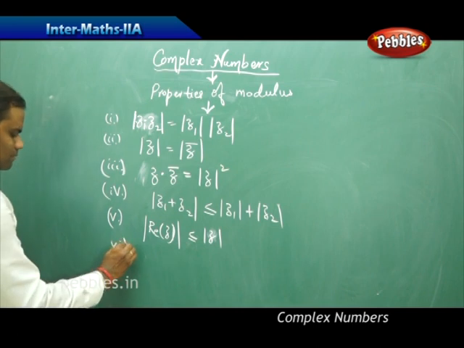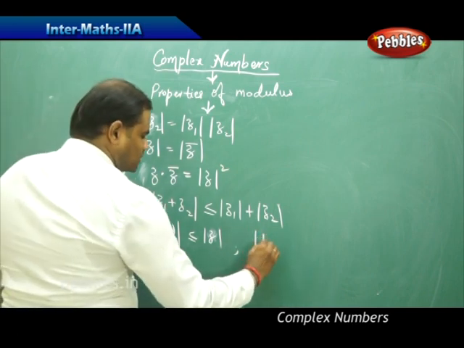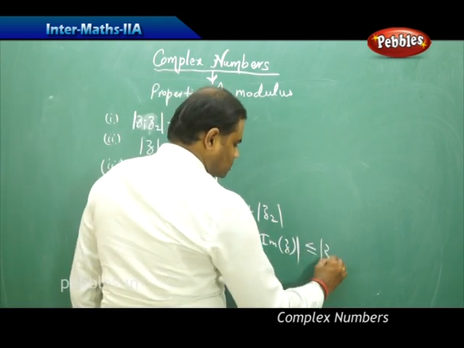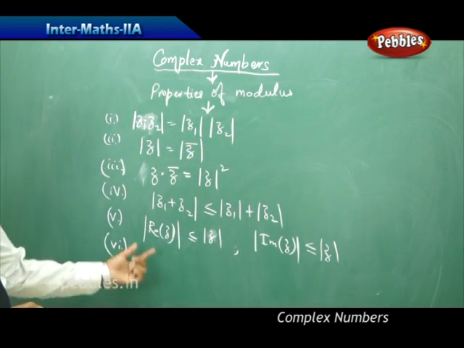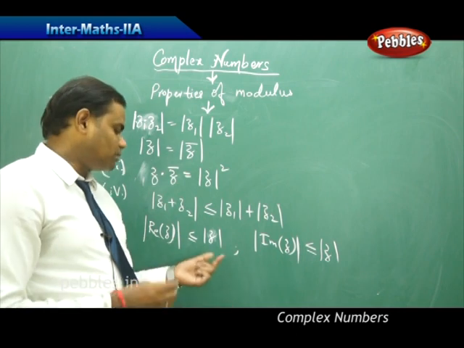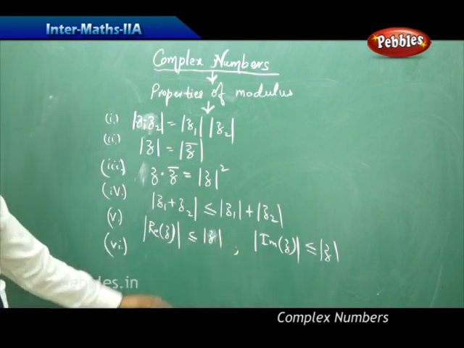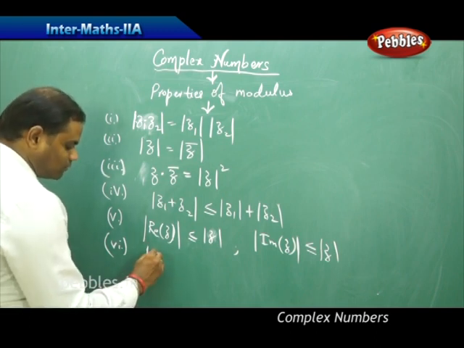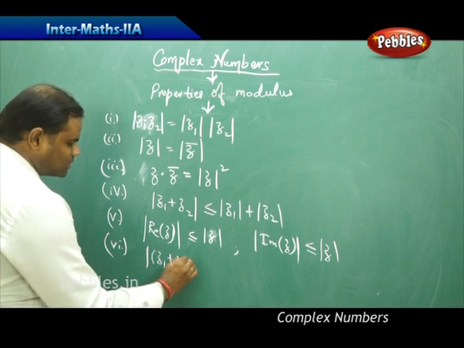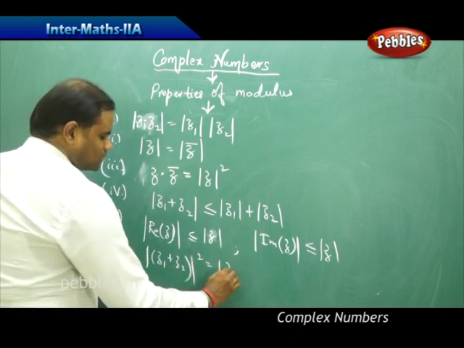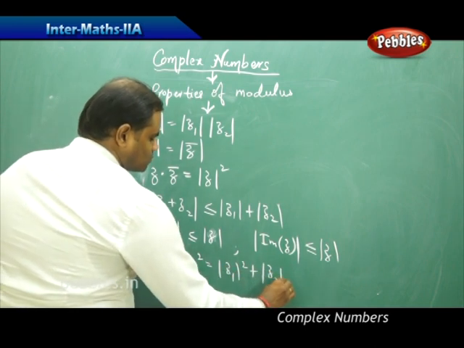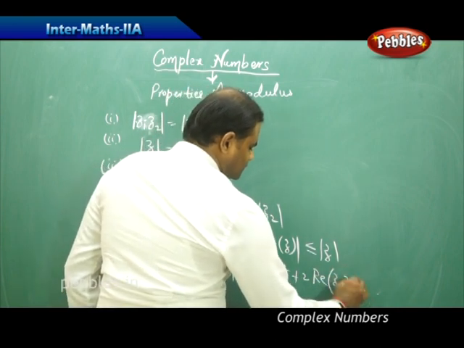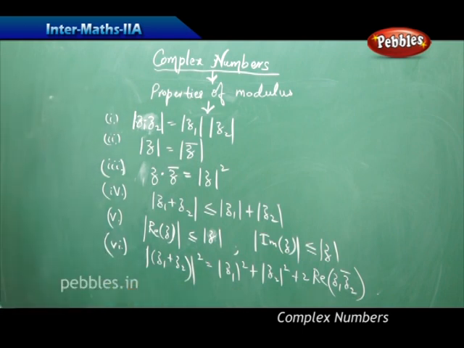And next, I have the modulus of imaginary part of z is equally less than or equal to modulus of z. So modulus of the real or imaginary part will always be less than or equal to the modulus of the whole complex number, is how we understand the concept. Next, I have mod of z1 plus z2 whole square is mod z1 square plus mod z2 square plus 2 times real of z1 z2 conjugate, is how we understand this property.